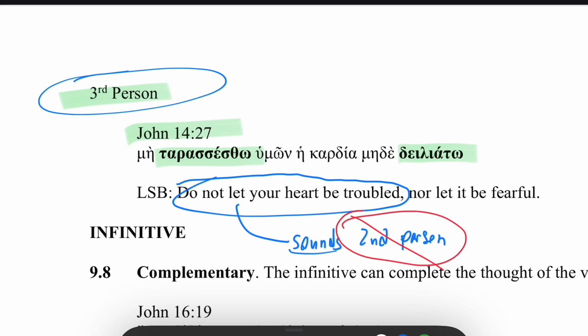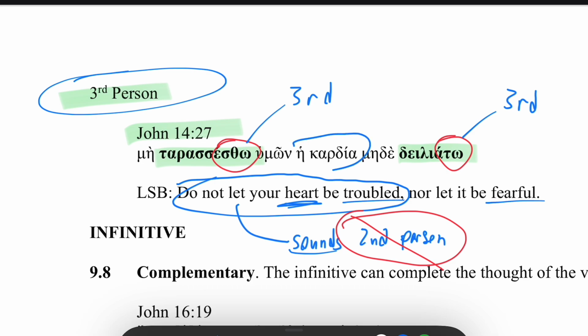Because these are actually third person endings, and this would be something that Logos would tell you, that this is actually third person and third person. So these are actually instructions for your heart to obey, and your heart to not be troubled and to not be fearful. So the main emphasis there is on the heart not being troubled and the heart not being fearful.